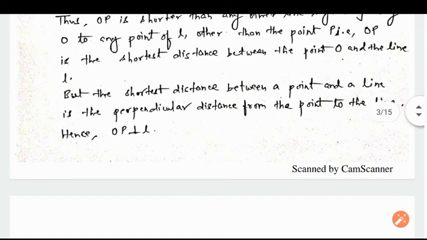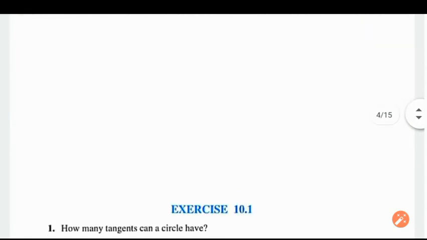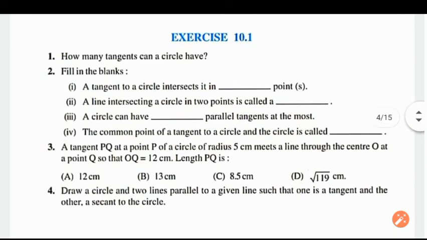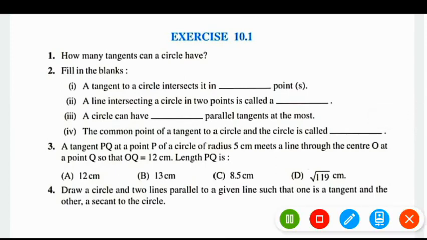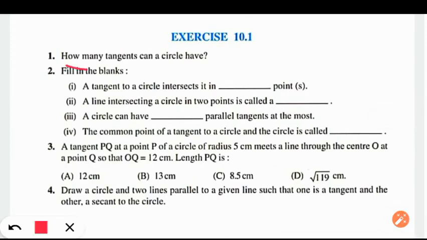Based on this, we have exercise 10.1, and in this exercise we have objective type questions, and I think you will be able to solve this exercise on your own. You can see the first question: how many tangents can a circle have?